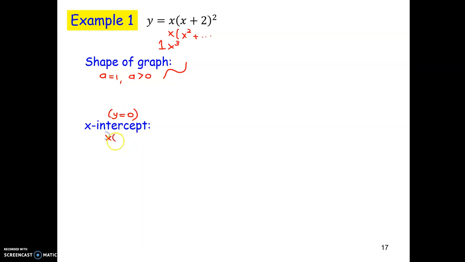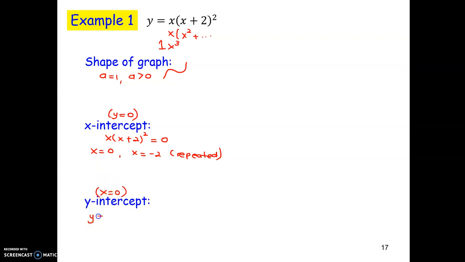So we have x times (x plus 2) squared equal to 0. So we either have x equal to 0 or x equal to negative 2. So this is the repeated root. The y-intercept is when x equal to 0.